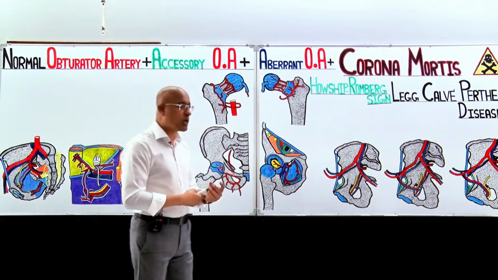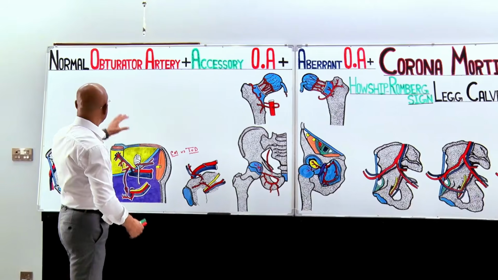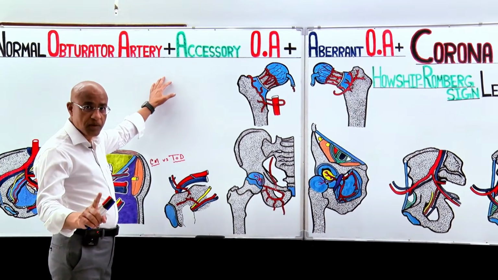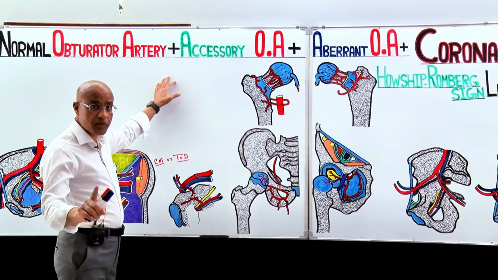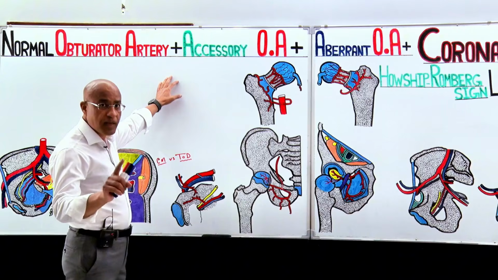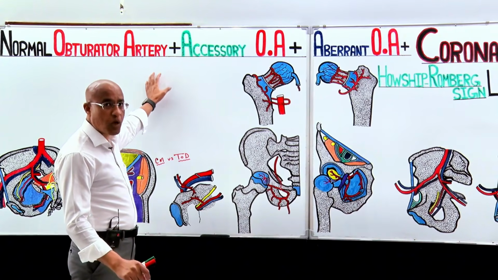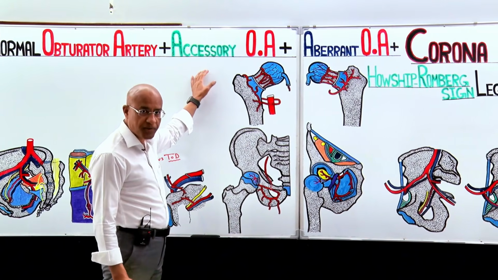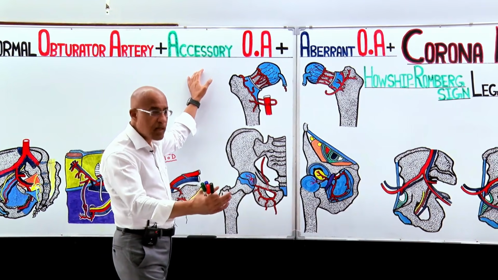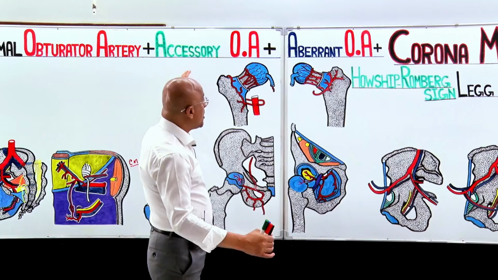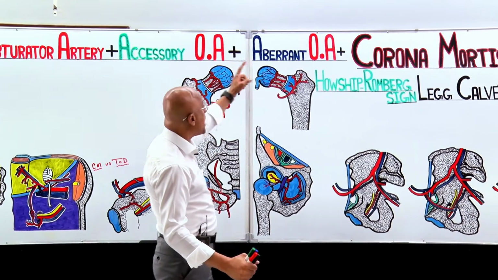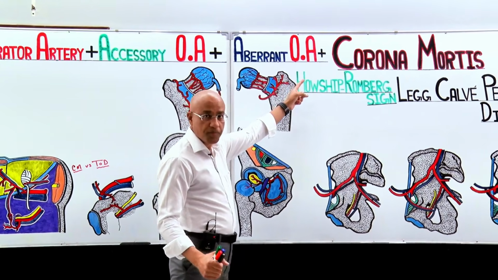So today we are going to talk about the normal obturator artery first, its origin, its course, its branches and distribution of blood. Then I will tell you the difference between normal and accessory obturator artery. Then we will see the difference between accessory obturator artery and aberrant obturator artery.